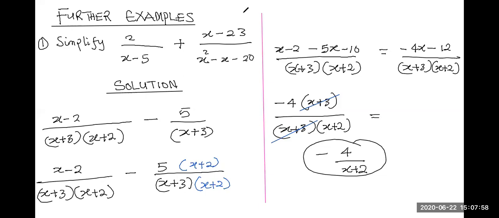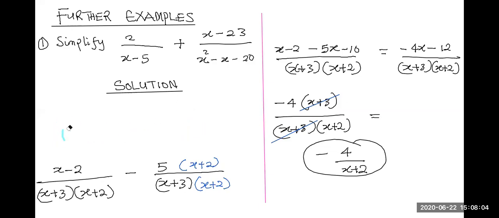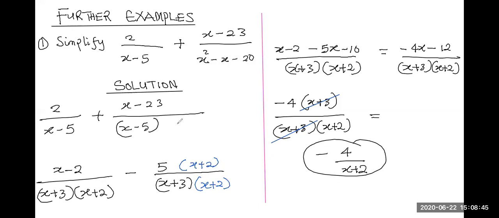Following a similar process, we have 2 over x minus 5, plus x minus 23 over, when we factorize this quadratic expression, what do we have? We are going to have (x minus 5)(x plus 4).